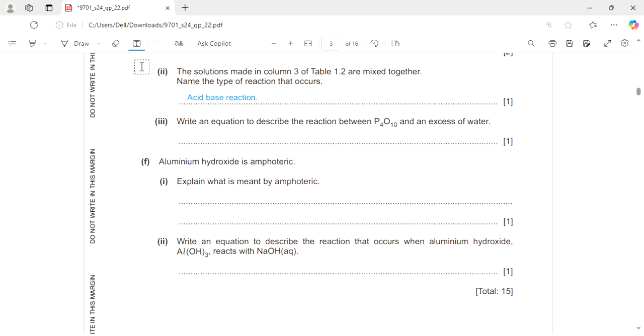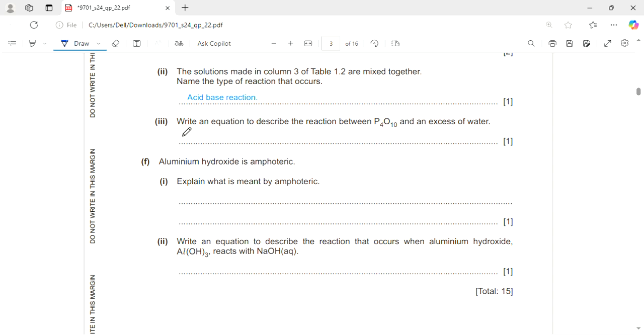We have another part 3. It asks to write an equation to describe the reaction between phosphorus oxide and water.